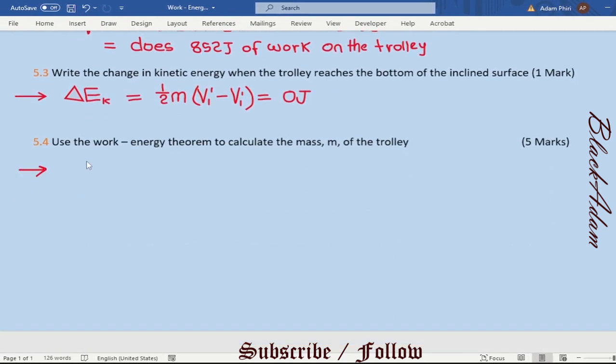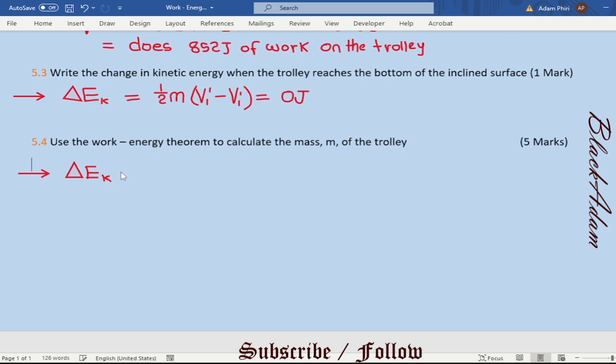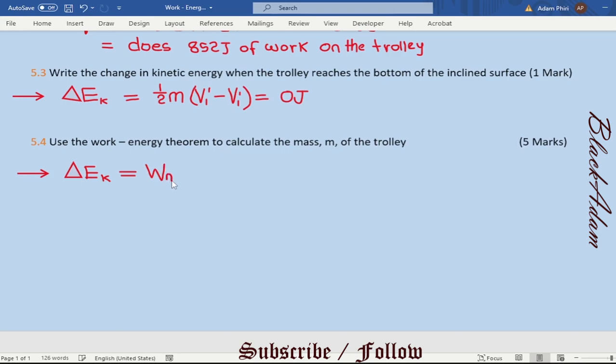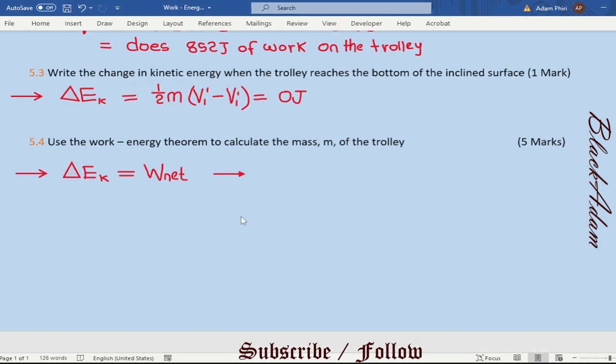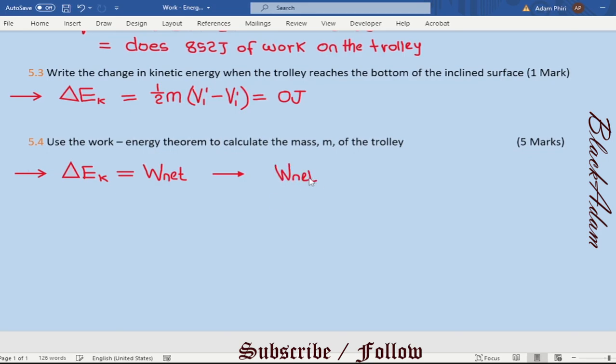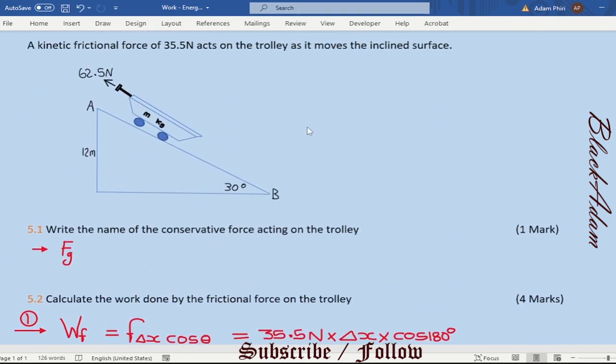So for the next question, we need to calculate the kinetic energy. Work net is equal to change in kinetic energy, and remember that the change in kinetic energy is 0. So we need to find the work net. We first calculate the force net.